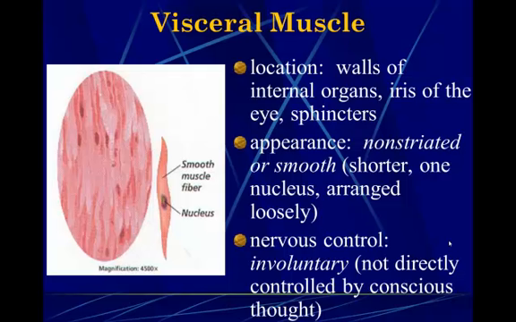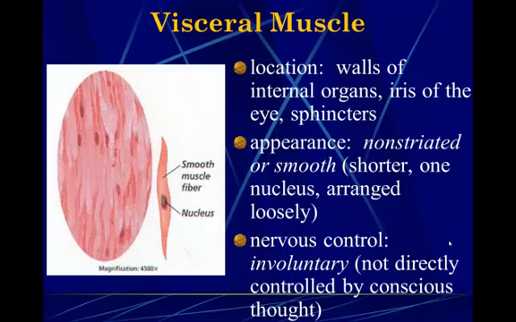Visceral muscle is what's called smooth, and that's because of appearance. Your book uses the term smooth. It's also known as non-striated. Where it's found is lining many of your organs, and we're going to talk about the sphincters and where those are.